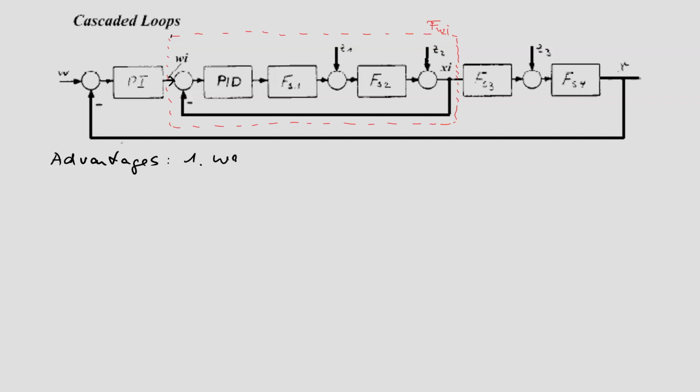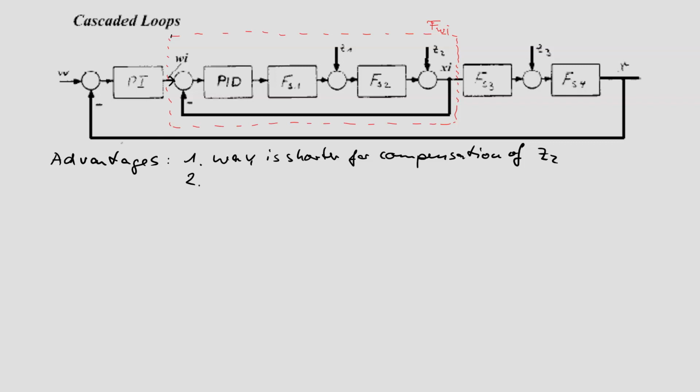The way for the compensation of Z2 is shorter, because the way of the reaction, the compensation, has only to go through FS1 and FS2. That's the first thing, so we can have a much faster compensation of Z2.